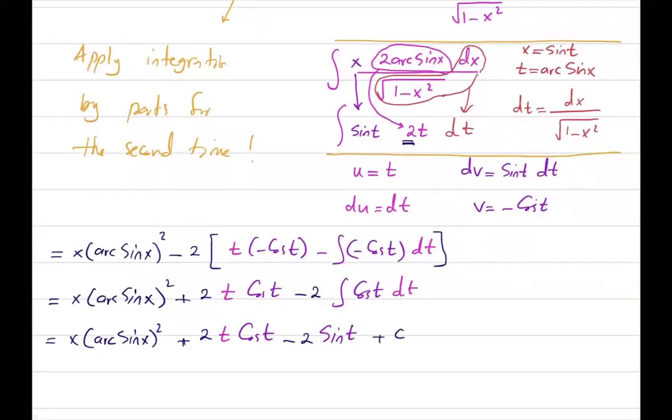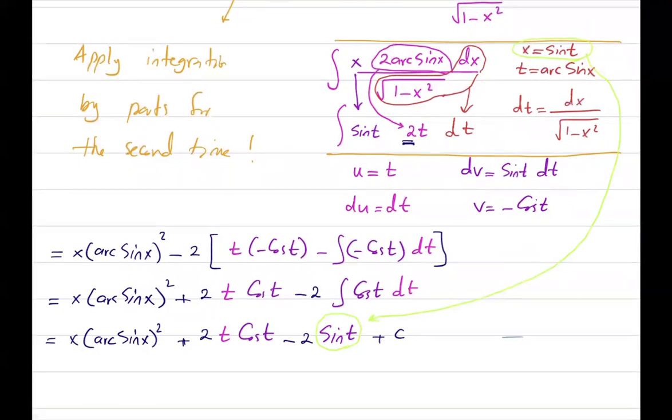Well, okay. I know that my x and sine t are the same thing, so I don't have any issue with sine t. Sine t is nothing but x itself. But what should I do with t itself and the cosine t? So let us go back to our right triangle.